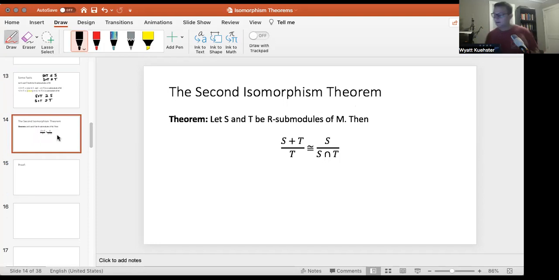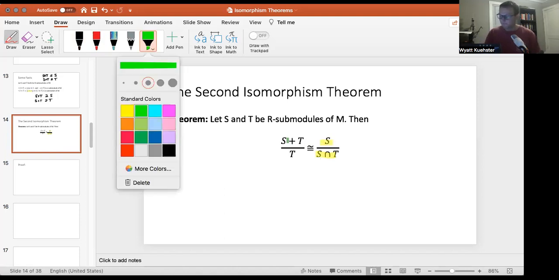And the second isomorphism theorem tells you how they relate to each other. And how they relate is that S plus T mod T is isomorphic to S mod S intersect T. And remember that S intersect T is a submodule of S. And so this quotient on the right makes sense.